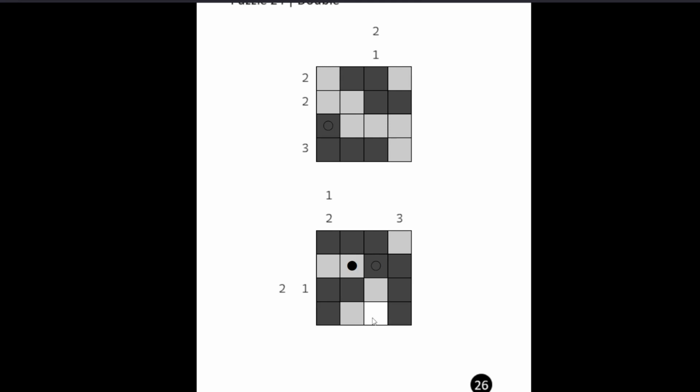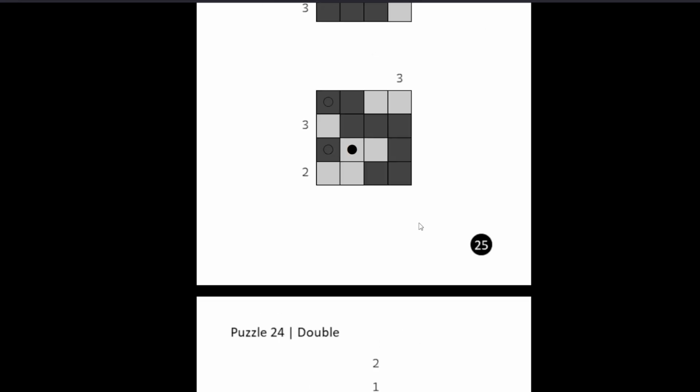I guess I should be focused on this, right? What could this possibly be about? If I make this black, then we can connect every single black tile. That's kind of interesting.